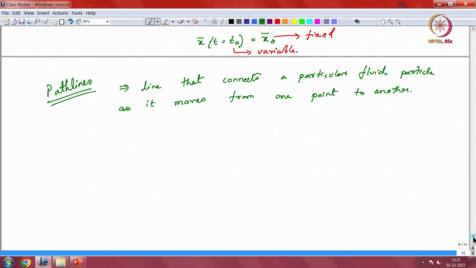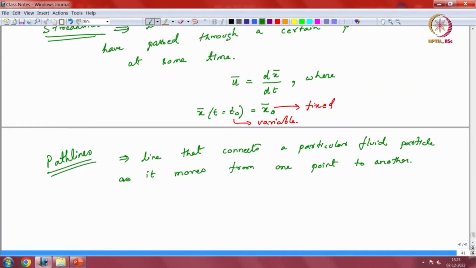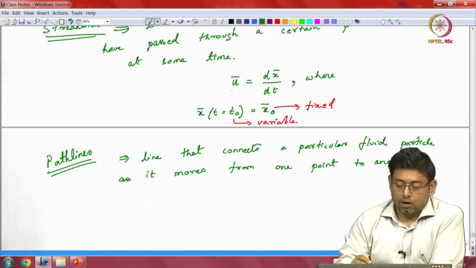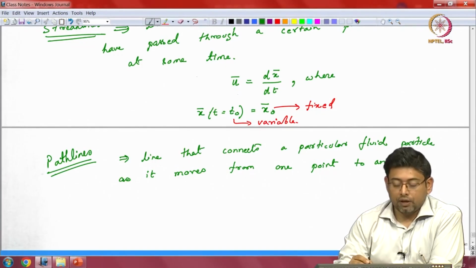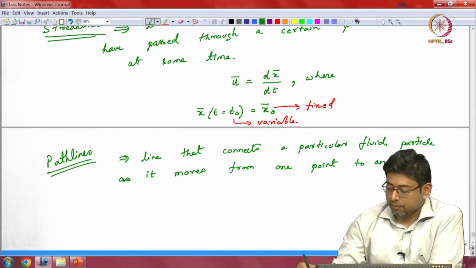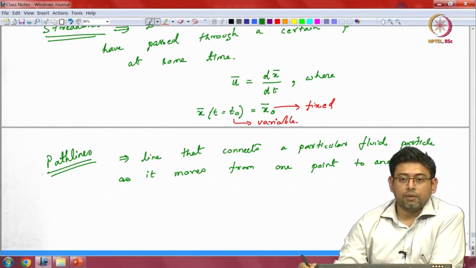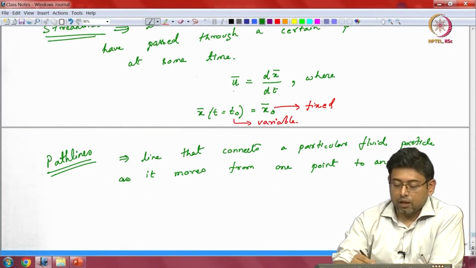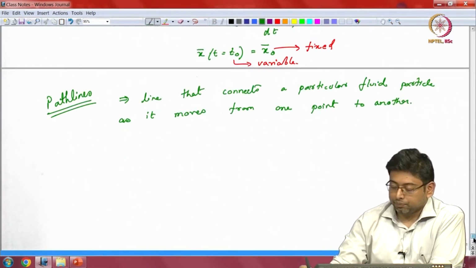Now, I am referring to a fluid particle again simply because if it is a massive particle, then you will actually have to solve the entire equation of motion, and you cannot just equate the velocity of a massive particle to the Eulerian velocity field at that location, because they need not be the same. But if it is a fluid particle of the same density, of everything the same, then they will be equal.